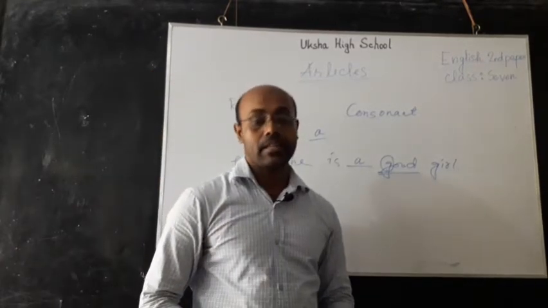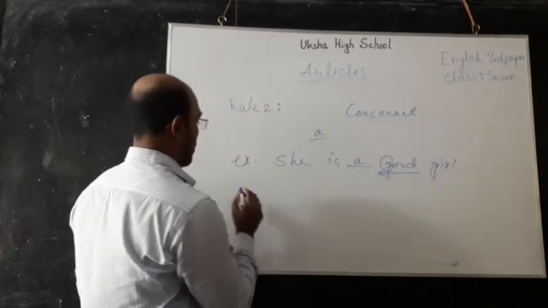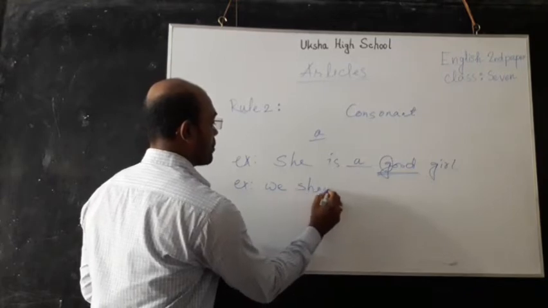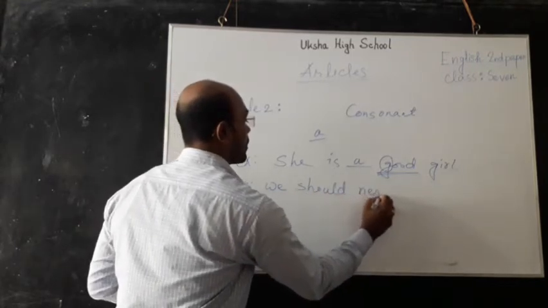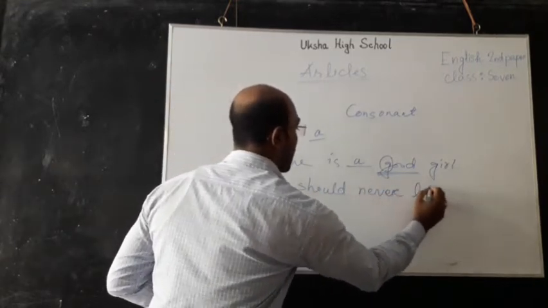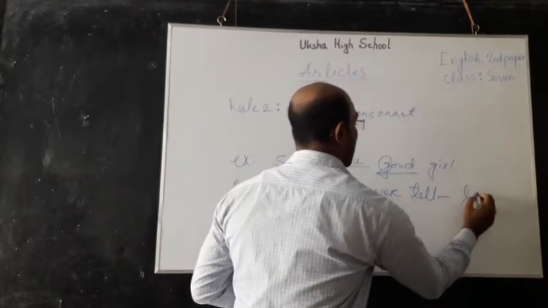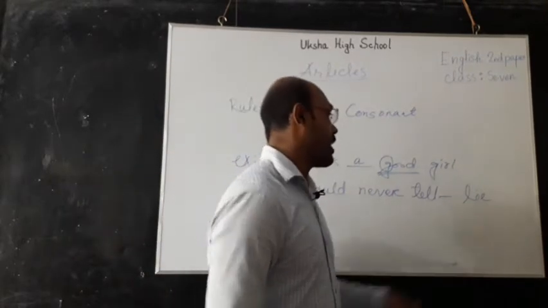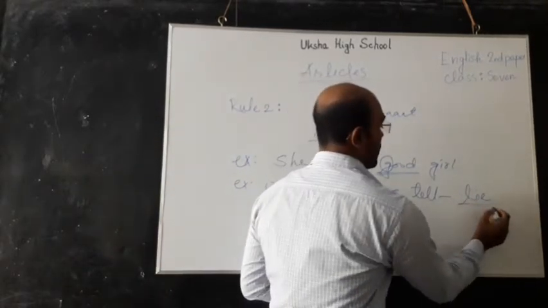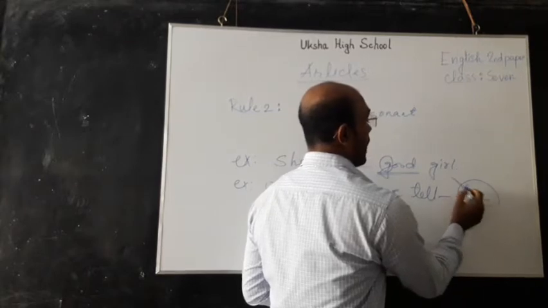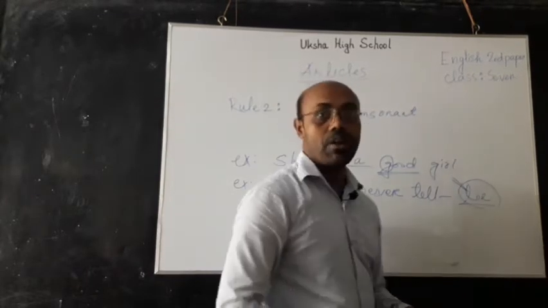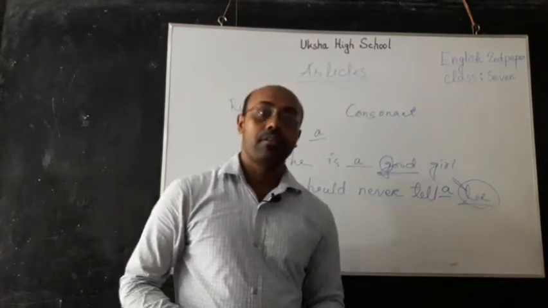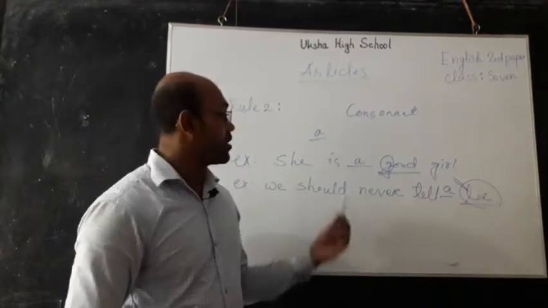I am giving another example. We should never tell a lie. Look here, students. Lie. This word begins with the consonant L. So you have to write a in this gap. I hope you have understood this too.